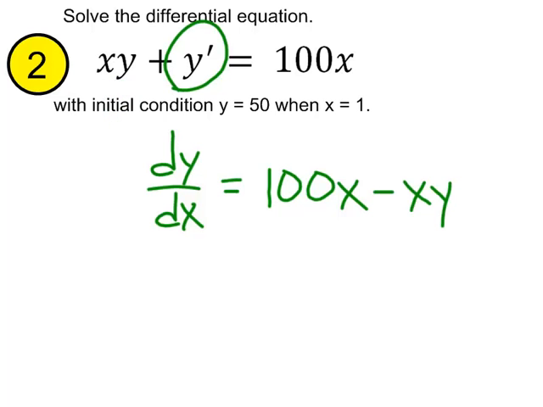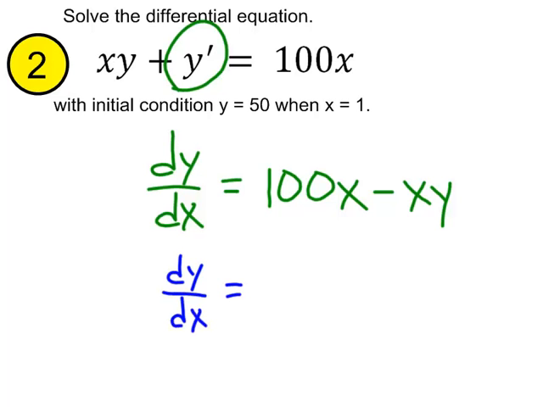And now let's think about how we're going to separate the variables. How are we going to get this dx along with this x and this x on one side of the equation, and then this dy and this y on the other side? Well, students often make the mistake of just looking to addition, subtraction, multiplication, division right off the bat, and overlook factoring, which is going to be our ally here.